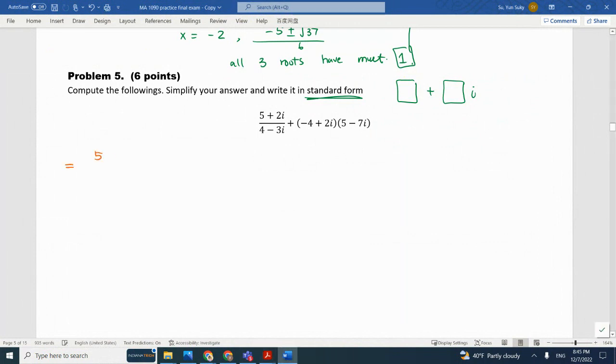So 5 plus 2i over 4 minus 3i, multiply by the conjugate of the denominator, which is 4 plus 3i.